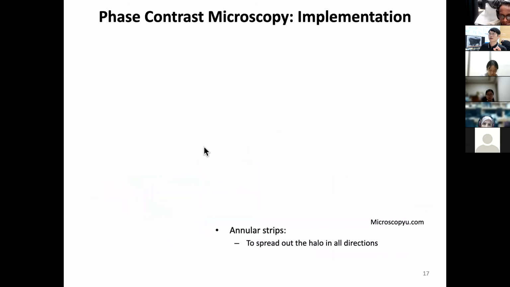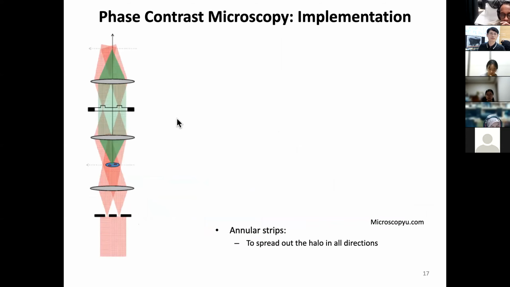I gave you a very simple one-dimensional or two-dimensional idea, but let's try to implement. Then you want to consider it in a more general way. So look at this, because there's a sample, there's a condenser. This is actually a 2D cut-through version of the real 3D, so you have to interpret a little bit carefully. So let's look at this light source, kind of a point light source. Then remember the parallel illumination, you should shine the sample in parallel.